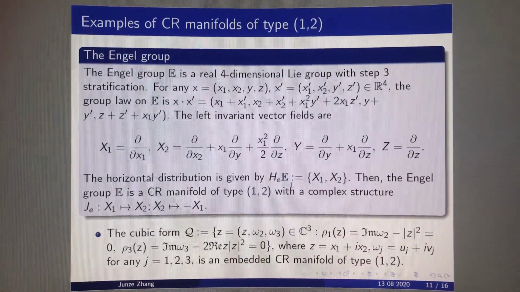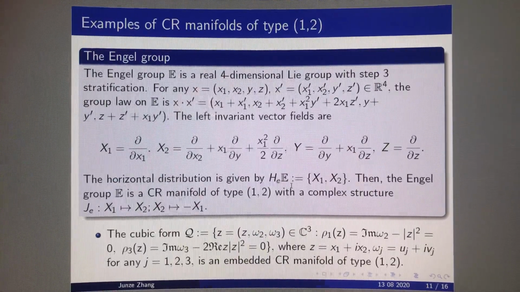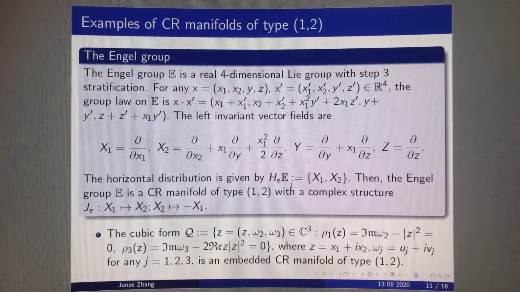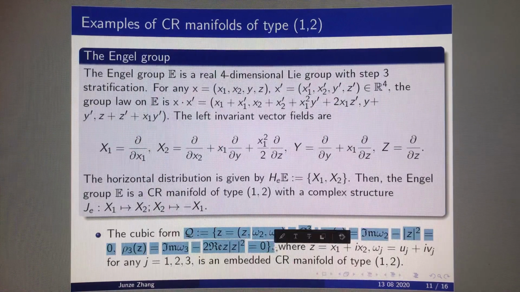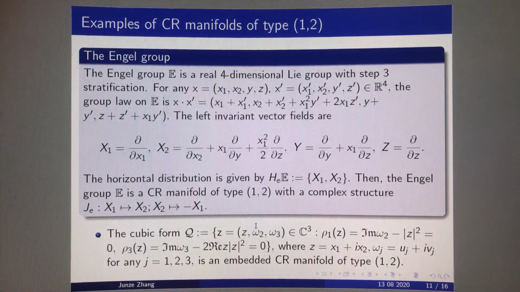So this horizontal distribution can be complexified, and we say that the Engel group is a CR manifold of type 1, 2. For the corresponding embedded CR manifold of type 1, 2, we have the cubic form given like this. This cubic form is a submanifold of C3, and there are a lot of further properties for the cubic form, but we will not talk about them here.